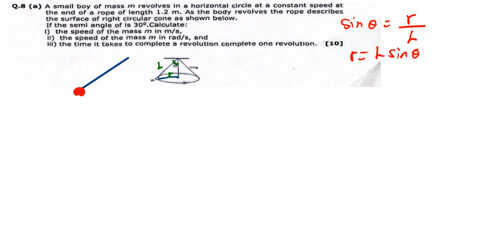So gravity wants to pull it down. That is my mg. And that is going to be my tension force, the force supported by the rope. Now this tension force, for us to support the weight force, is going to have the y component and the x component, like that.